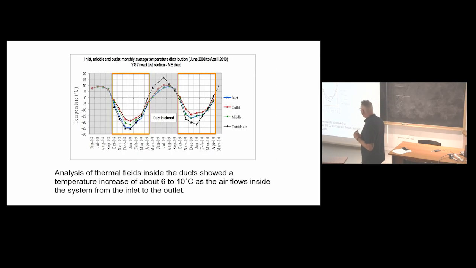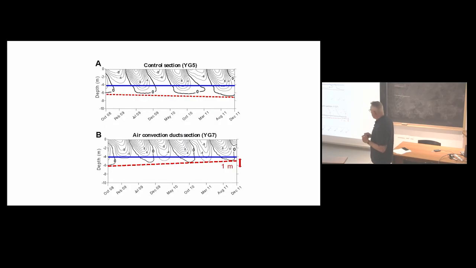Yeah, so let's, here, this is black air temperature. This is the inlet. As the air travels through the duct, it warms up, and then this is the outlet. So you can see the pretty big 5°C temperature difference that travels through the road embankment. So that's a control section.